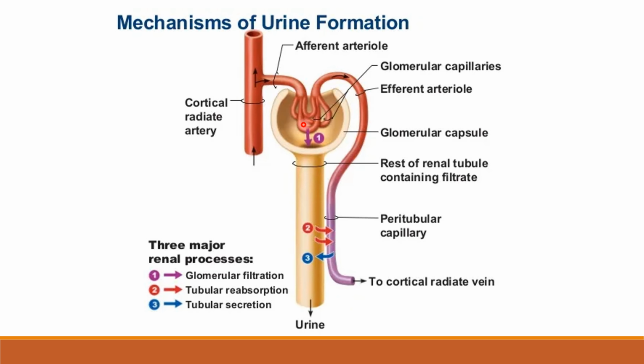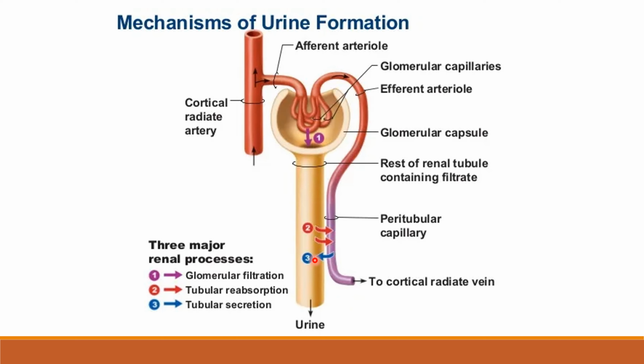So urine formation depends on 3, or sometimes we say 4, steps. Number 1 is the filtration, and we shall discuss it. Number 2 is tubular reabsorption. Number 3, tubular secretion, and in the final segment of the tubules there is water reabsorption. This will depend on the osmolality and antidiuretic hormone, and will be discussed when we speak about tubular reabsorption.